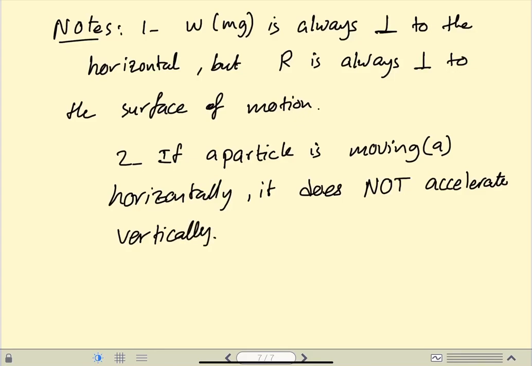Sketch an example of what I'm saying. In the examples that we did, both of them, the particle is accelerating in this direction or in this direction. And if you have more forces here, we don't care.